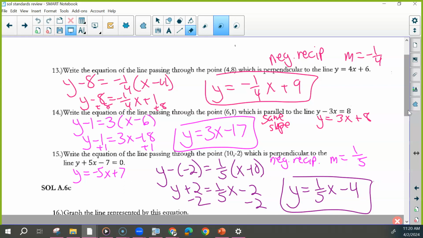The sections that are due next week, on Monday when I see you again, are all of A6C through A7D. But only parts of those will be formative because there are some that we haven't done yet. So the ones that are formative are A6C, A7C, and A7D.